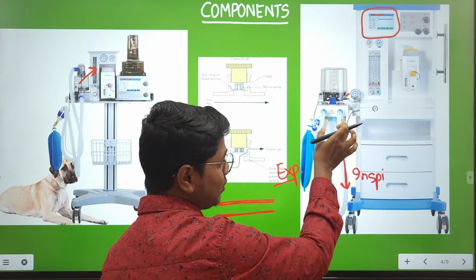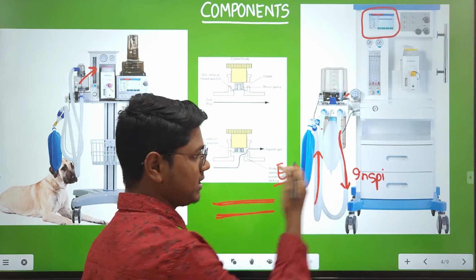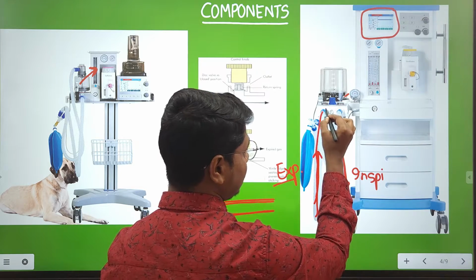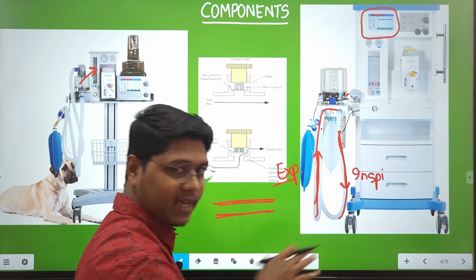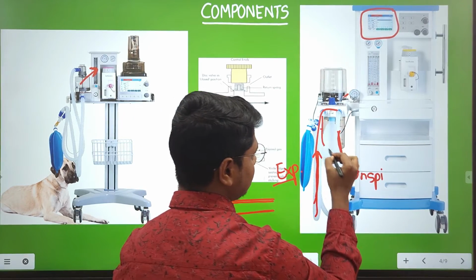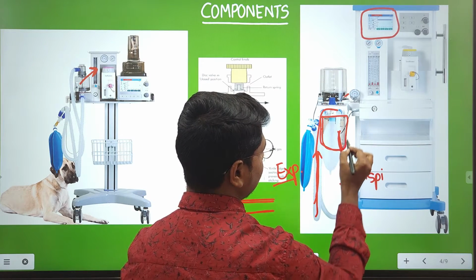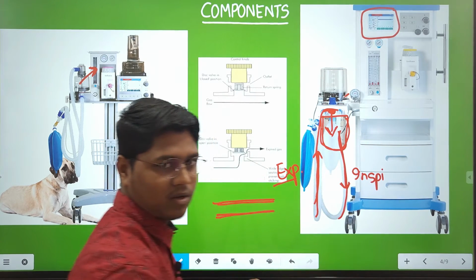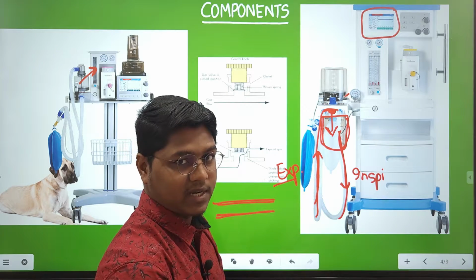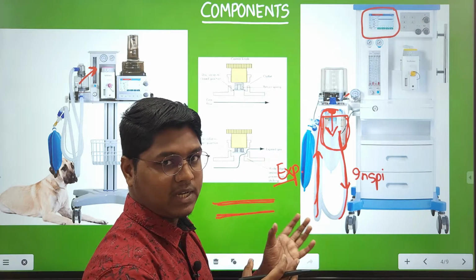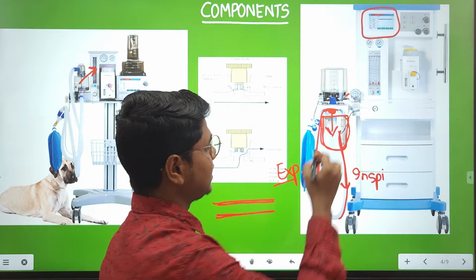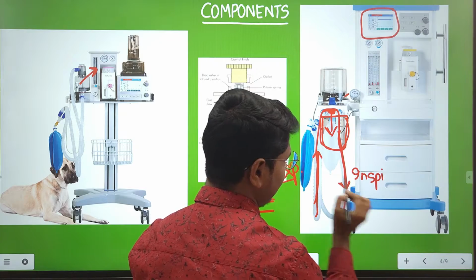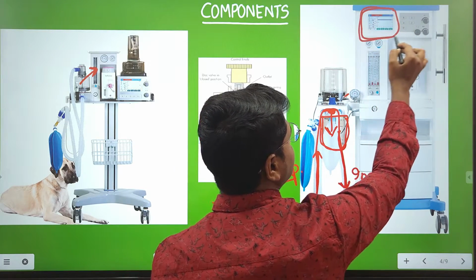Between these two there will be the CO2 canister, or you can say this soda lime. The gas will come here and go to the machine here. When it is rebreathed, this soda lime canister will be there, so this reabsorption process happens here. If it is saturated or has no capacity to absorb the CO2, then the CO2 concentration in this inspiratory limb will increase and it will be shown on this monitor.